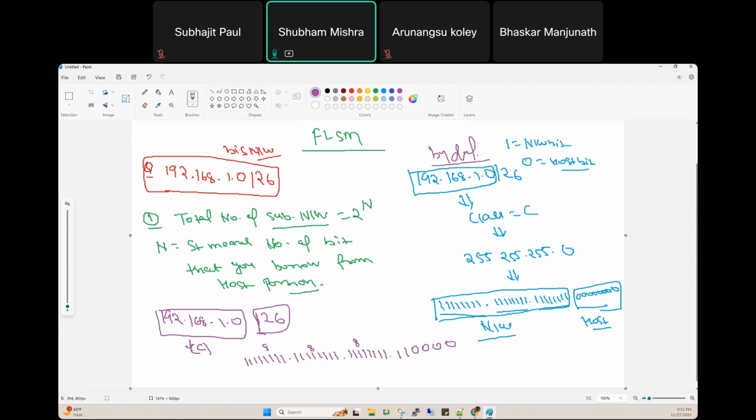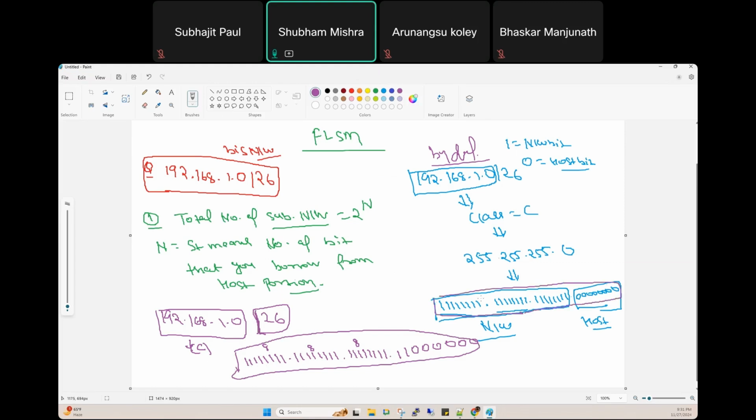Is this clear to all of you? The CIDR value is /26, and the CIDR value tells us the number of network bits. So I write the /26 like this. Please compare this part: this is your question part, and that is the default part.